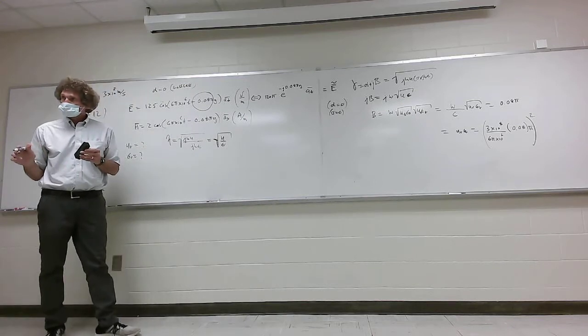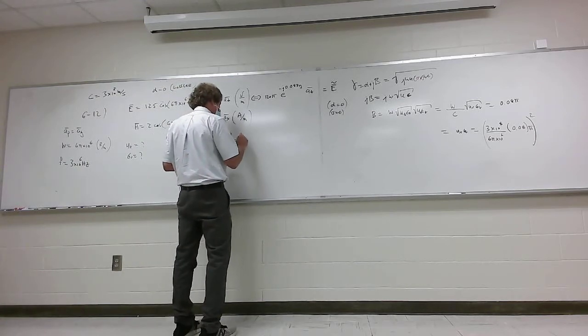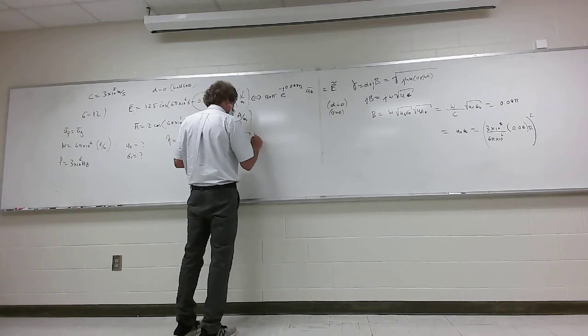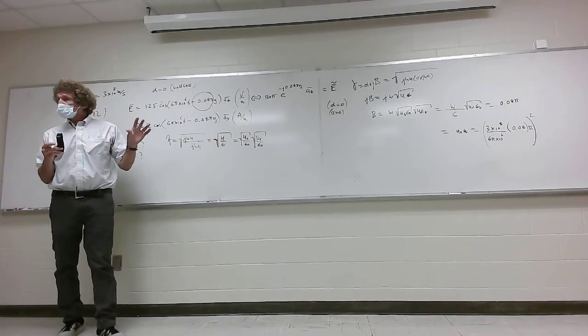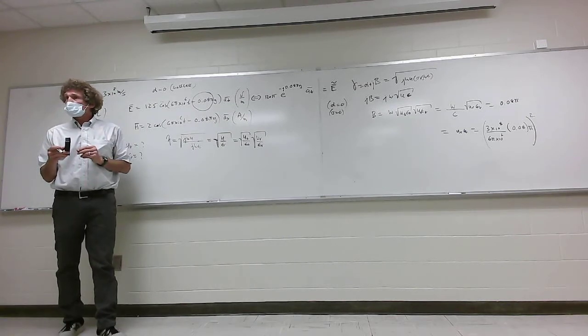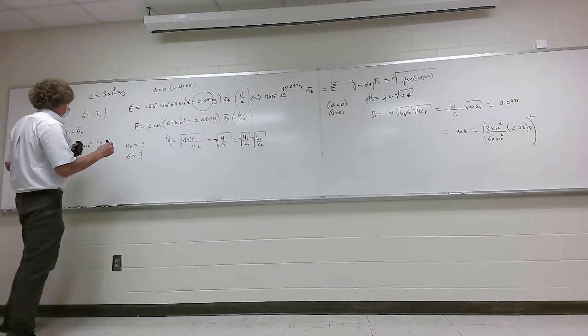Y'all with me? Now, to expand it further, it's equal to the square root of mu naught over epsilon naught, times square root of mu relative over epsilon relative, right? And here I'm just plugging in, right, class? With me? Now, what is the square root of mu naught epsilon naught?